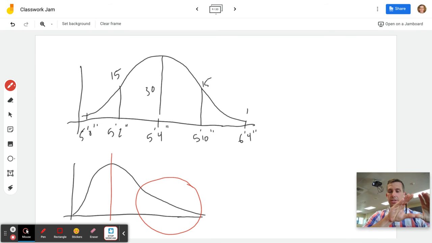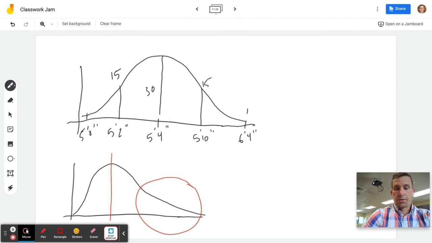So it's like a tail that's going out to the right. That's called a distribution that's skewed to the right, or to the larger values. In this example of the height of students at New Tech, that would mean that the tail is skewed towards taller students.